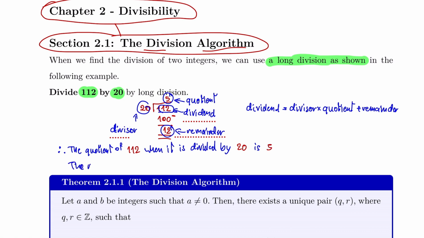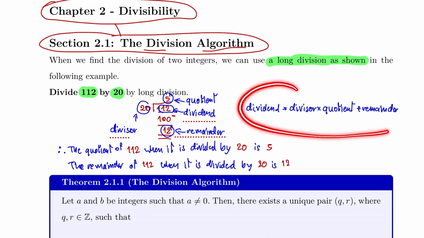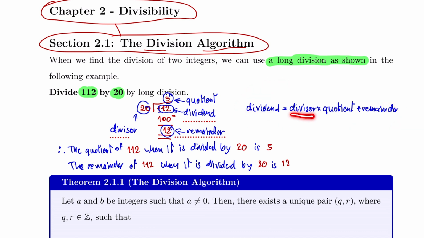The remainder of 112 when it is divided by 20 is 12. Okay? So this is the division algorithm, which is dividend equals divisor times quotient plus remainder.